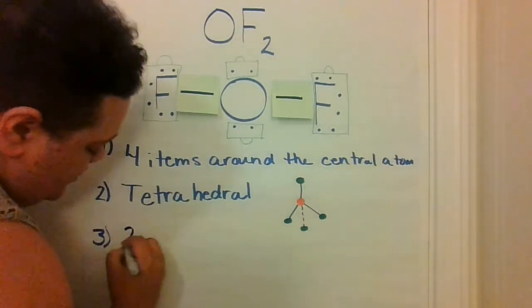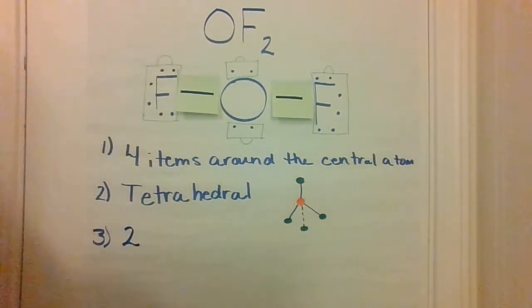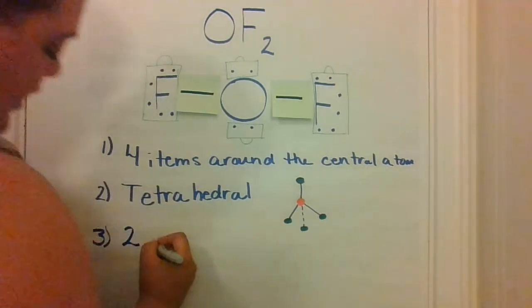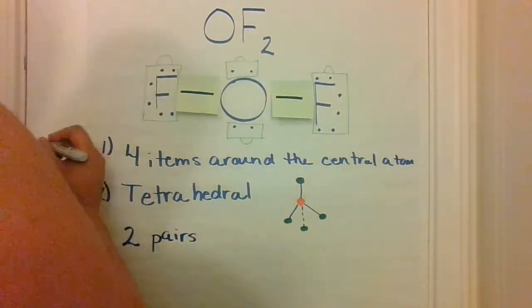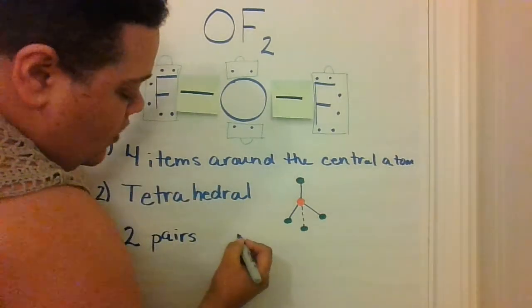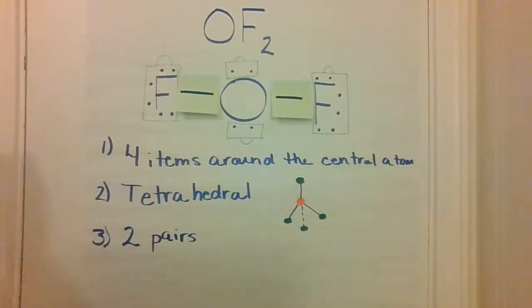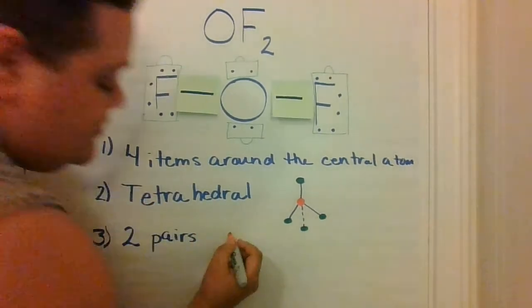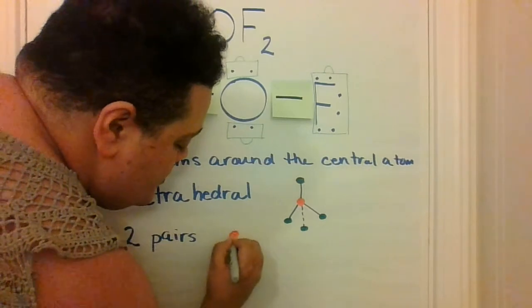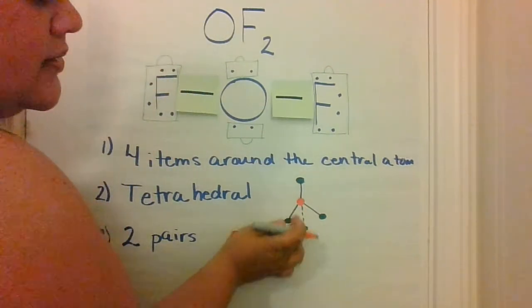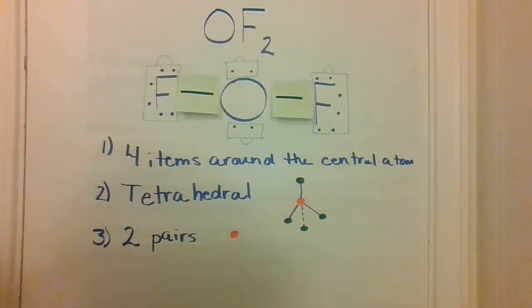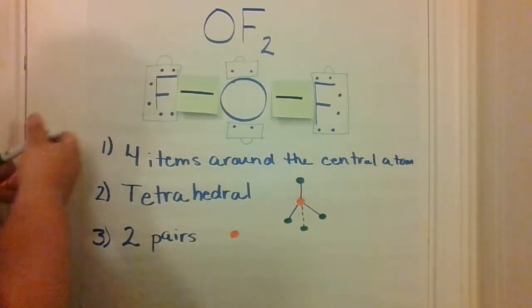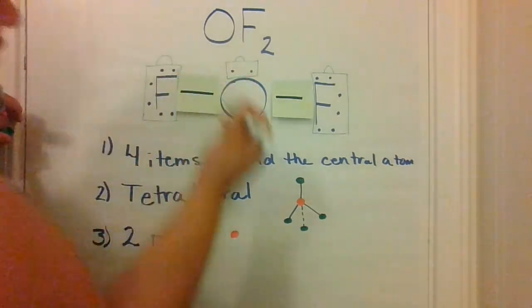So we have two pairs that have replaced atoms, okay? So now that means that we are dealing with a structure that looks more like this. Because this bond here and this bond here is now going to be replaced with those lone electron pairs.